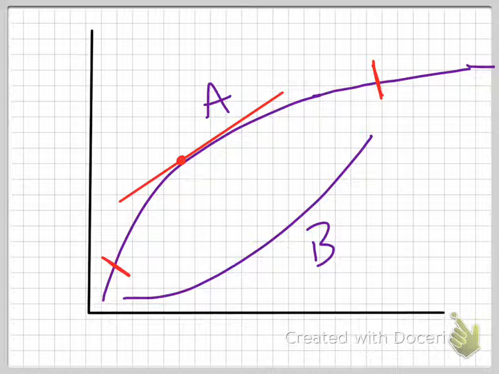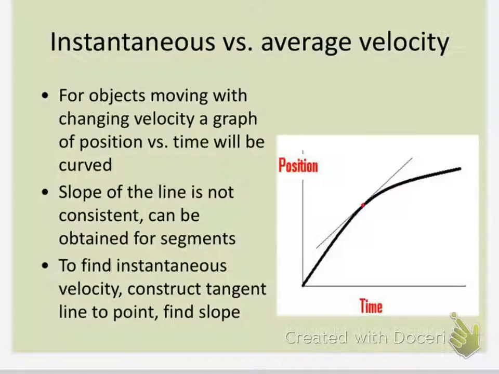And we can find the slope of the tangent line. And what that gives us is the velocity in that very moment. Okay? So if we think back to one of these being a car, the slope of the tangent line at a given point in space is the speedometer reading. That's instantaneous velocity.